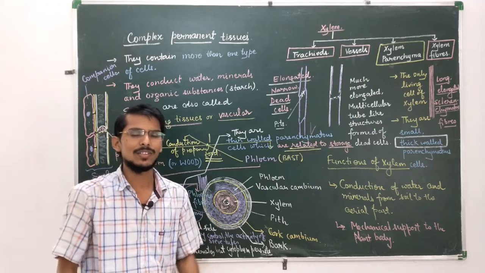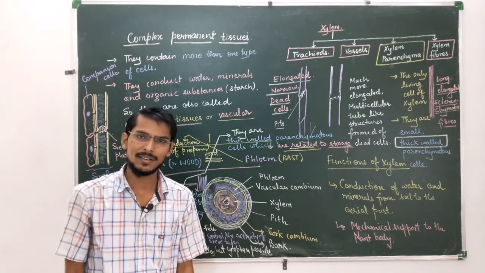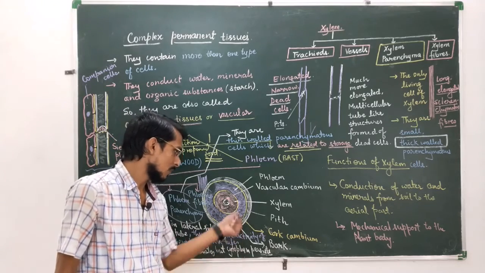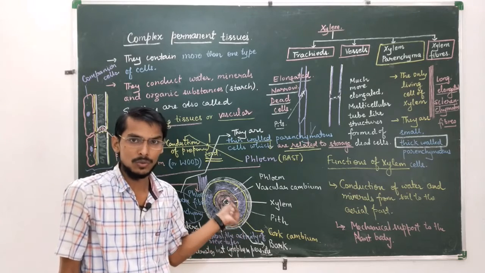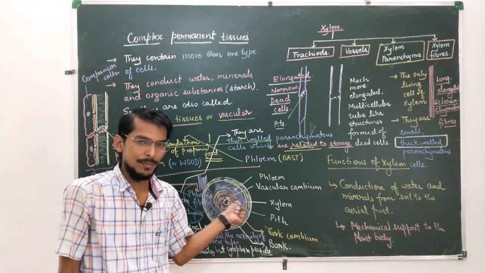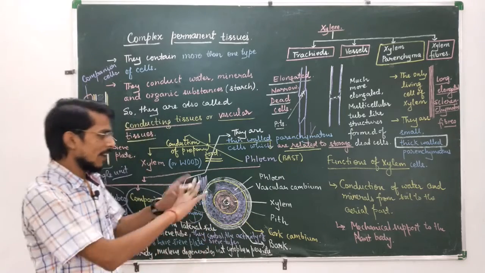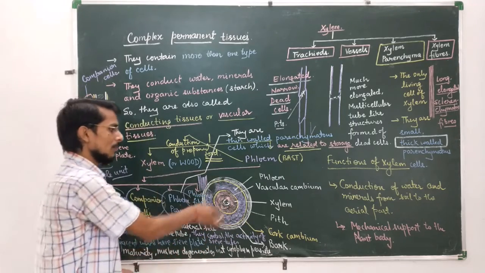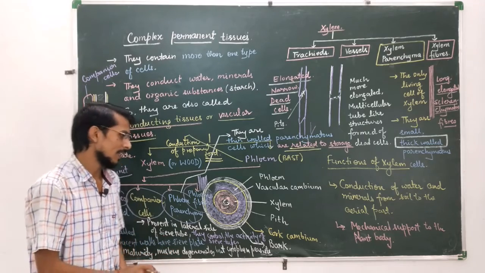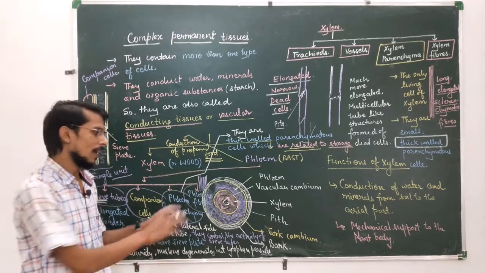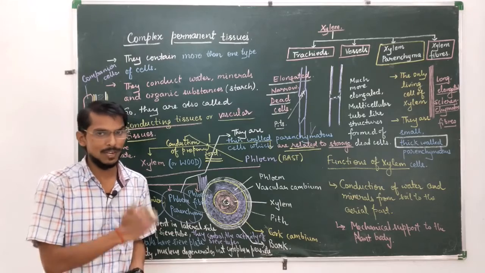They are generally found scattered or in a particular pattern. So this is not a point of difference because this is a general view of wood and bast. This is not a particular view. This is a generalized picture of the stem of a plant. In a particular plant, you will find different patterns of distribution of xylem and phloem.